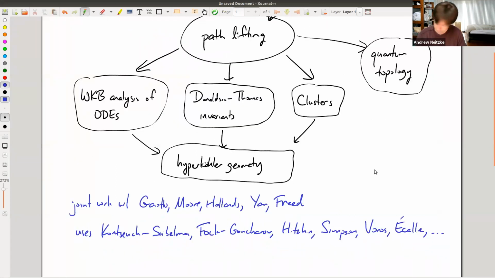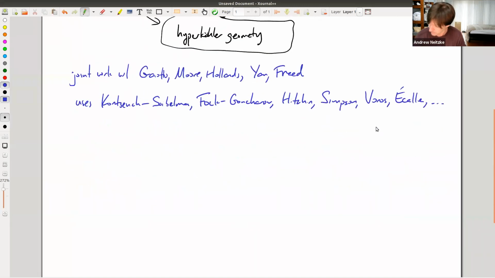Anyway, let's just start. As I say, today this is just going to be a construction where you start with some very simple data and you build an object.